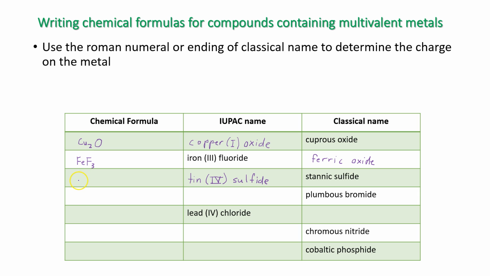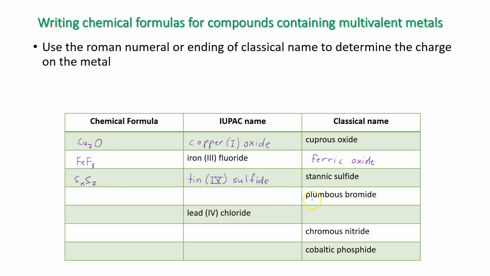Sulfur, just like oxygen, has a charge of -2. Since tin has a charge of +4, we would have two sulfurs. Each sulfur has a charge of -2, and the tin has a charge of +4.